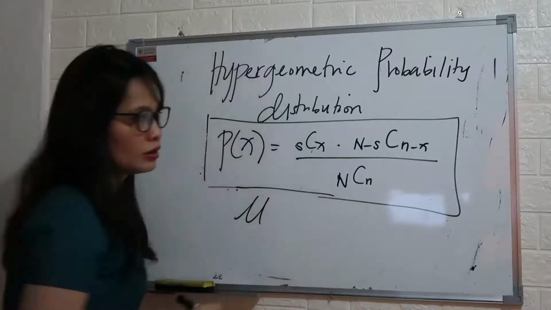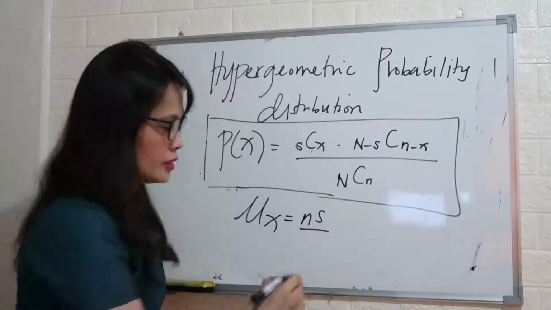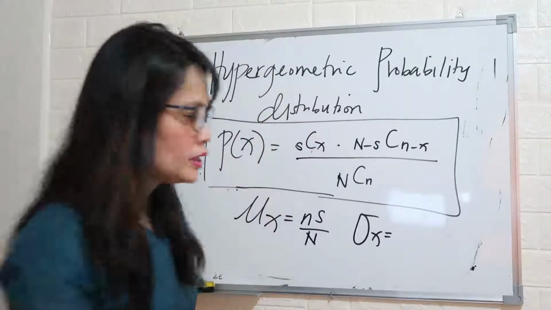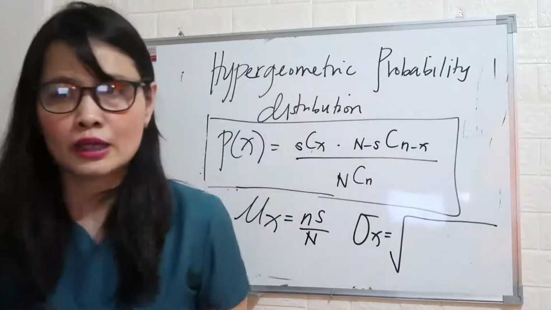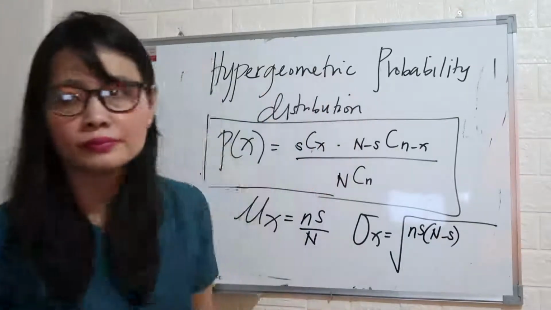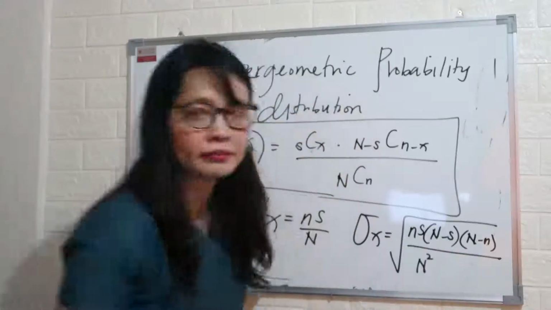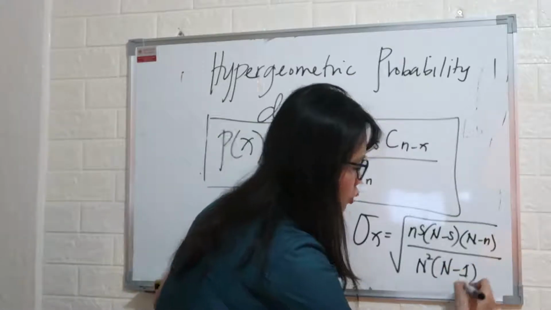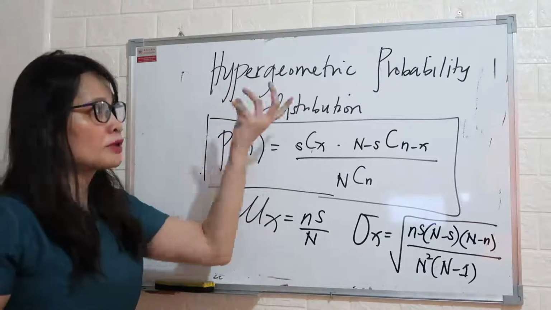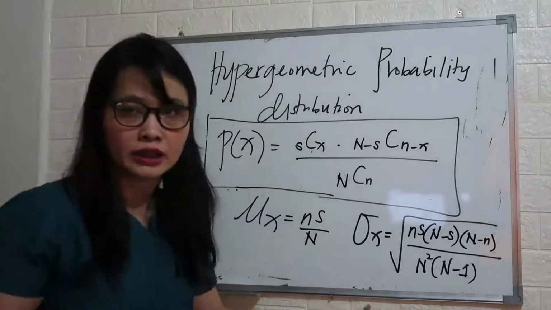The mean is equal to n S over N. And the standard deviation will be the square root of n S multiplied by N minus S multiplied by N minus n over N squared multiplied by N minus 1. So this is how we solve for the standard deviation and mean of hypergeometric probability distribution. Take note of the given formula.